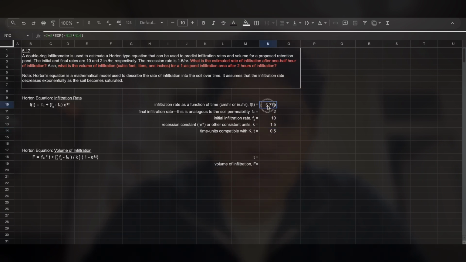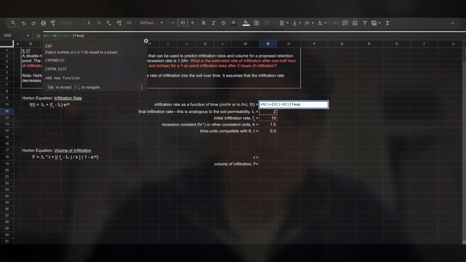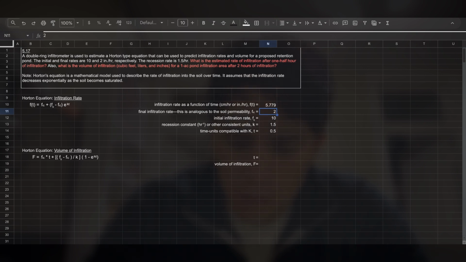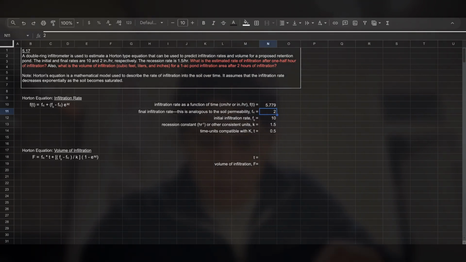So now we just need to plug in this equation, which is the final rate plus the difference between the initial minus the final times the exponent of negative k, 1.5, times t, and that gives us 5.78, which is what I got.